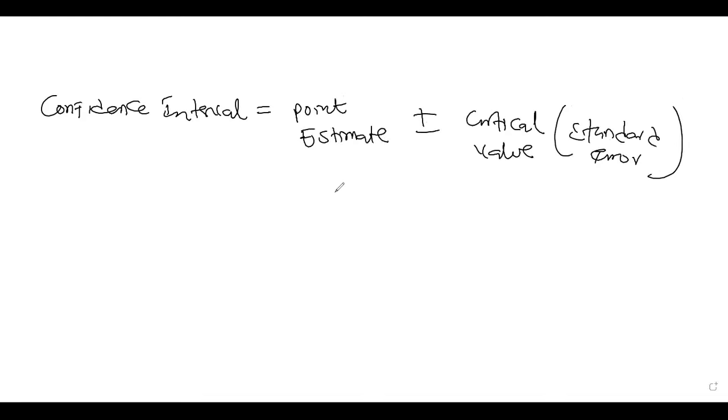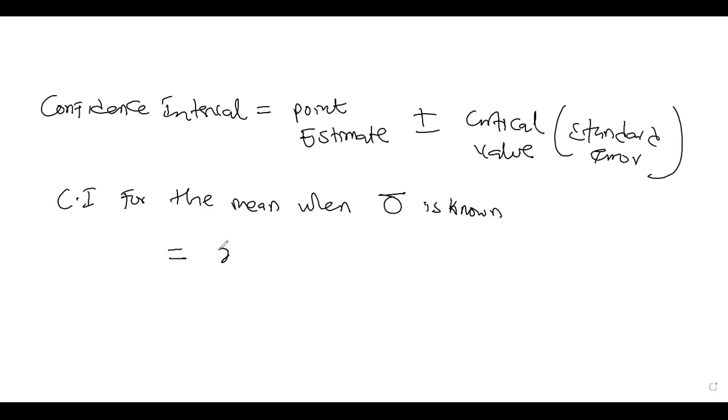When we construct the confidence interval for the mean when the population standard deviation is known, it is equal to the sample mean, which is the point estimate, plus or minus the z value, where the z value is the critical value, and the standard error is the population standard deviation divided by the square root of n.